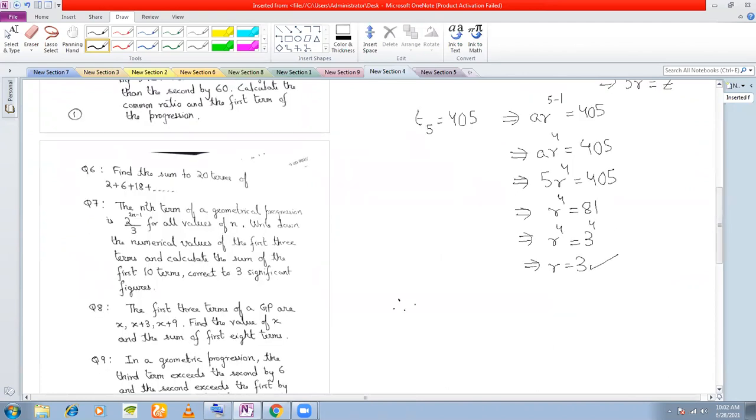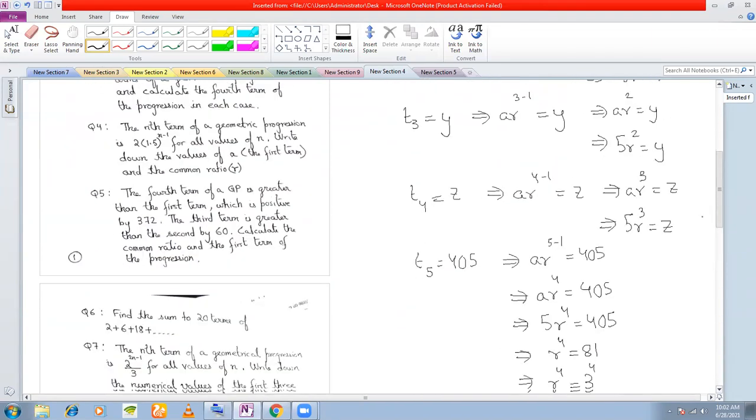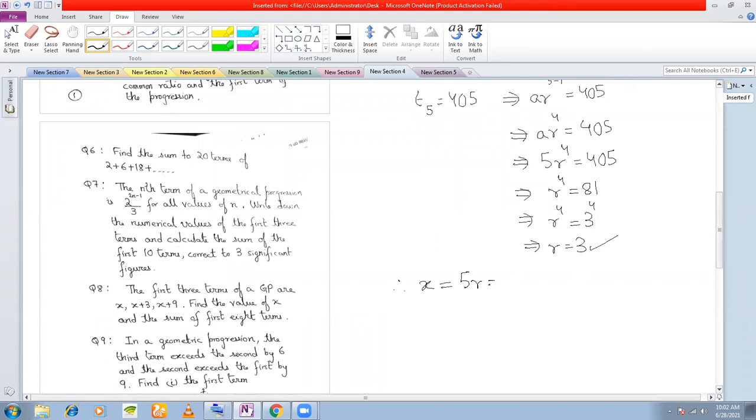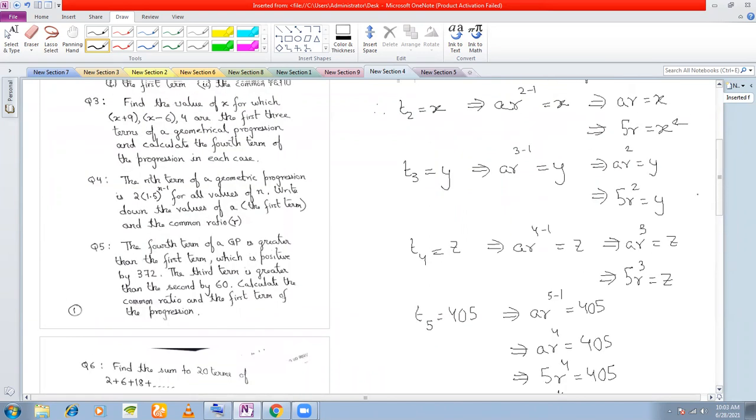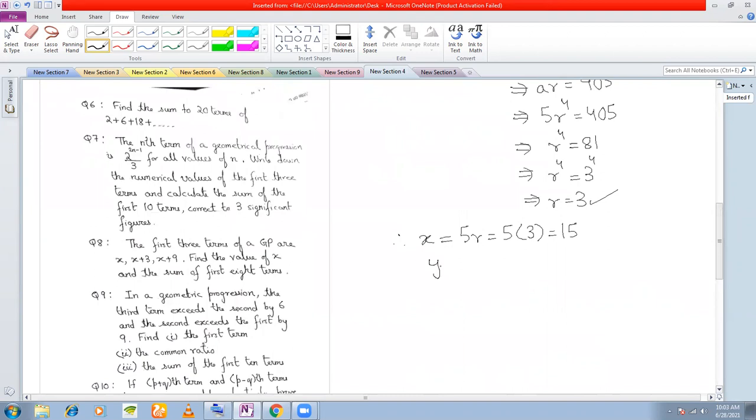So what is x? x is equal to 5R, which is 5 into 3, equal to 15. What is y here? 5R square, which is 5 into 3 square, equal to 45.